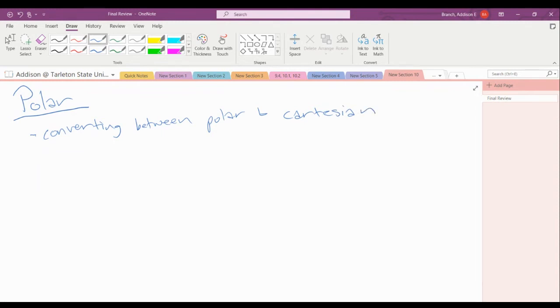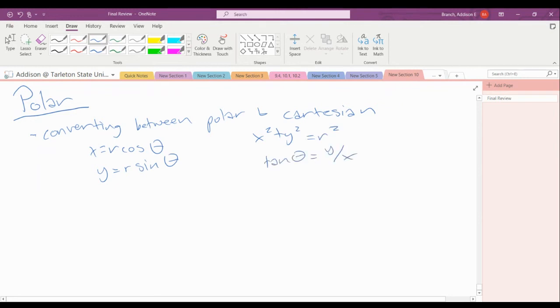Remember, our main formulas for those are going to be x is r cosine of theta, y is r sine of theta, x squared plus y squared is r squared, and tangent of theta is equal to y over x.